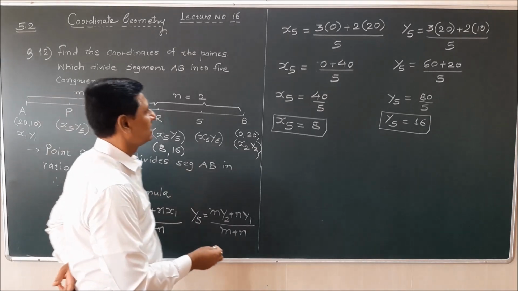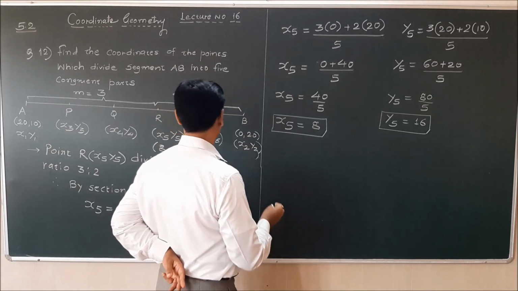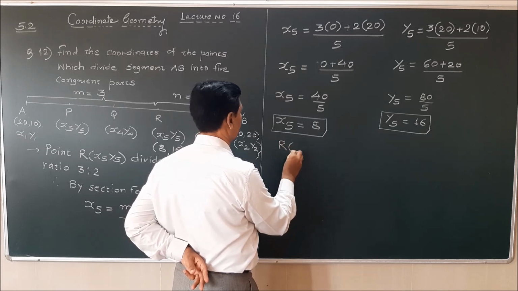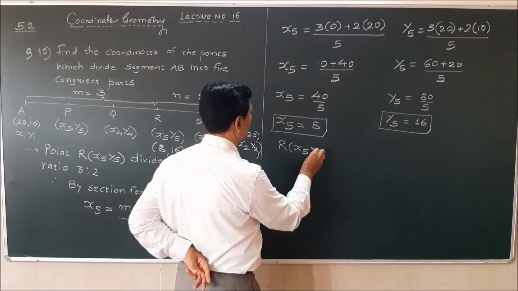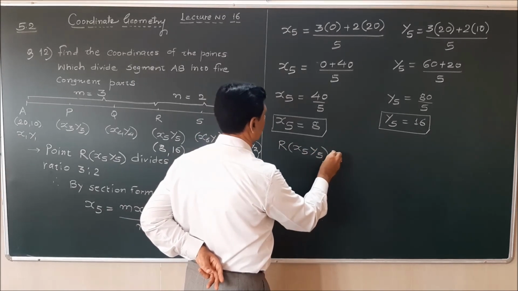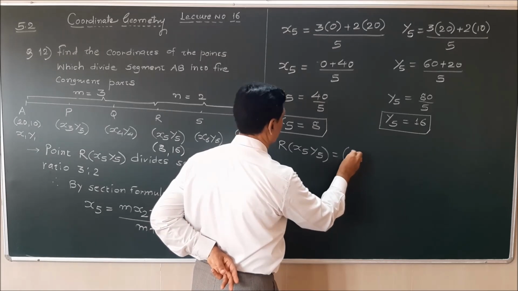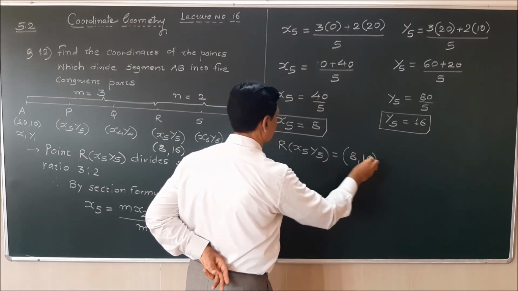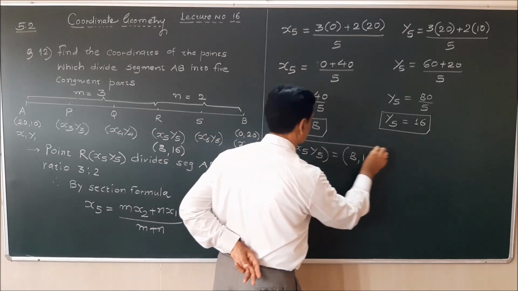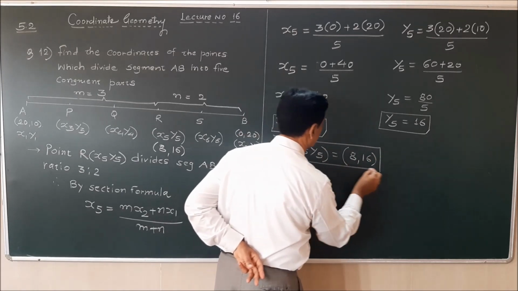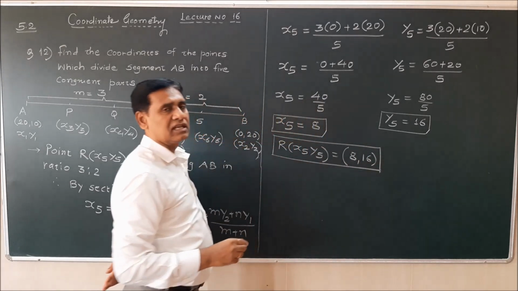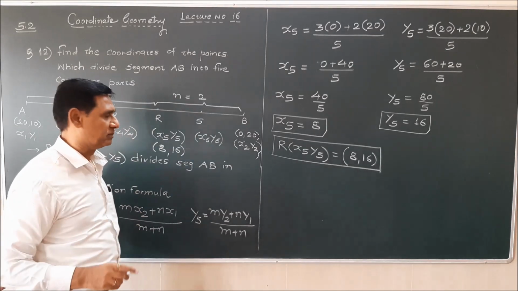Therefore I will write R (x5, y5) is equal to (8, 16). This is our answer number 1.